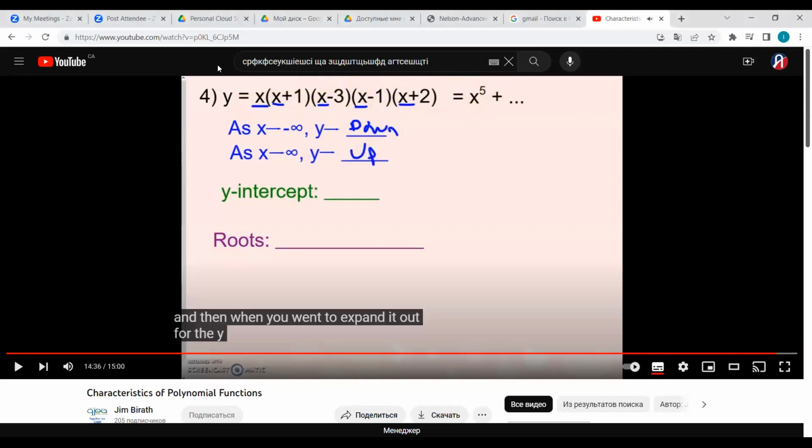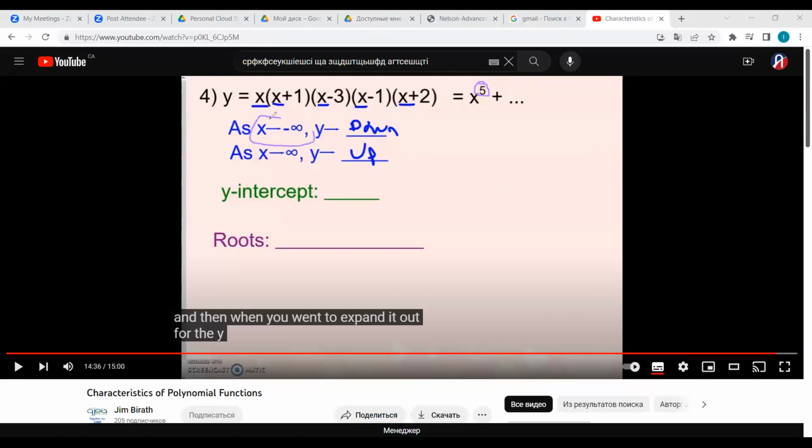So let's clarify at this stage why when x travels to negative infinity, y points down, as well as when x travels to positive infinity, y points up. And this has to do with the degree of our polynomial function. If our polynomial function has odd degree, like 1, 3, 5, then it will have the following behavior.